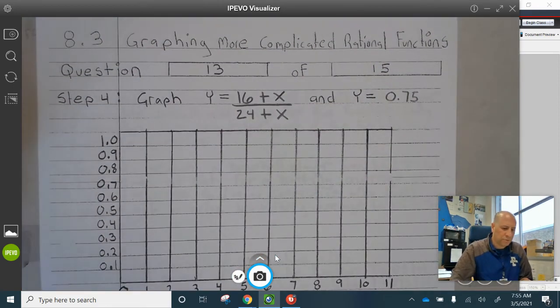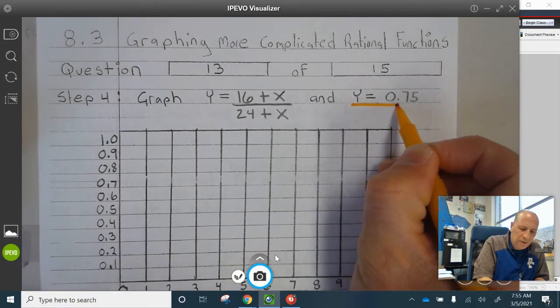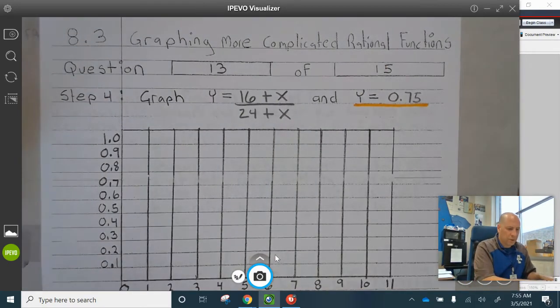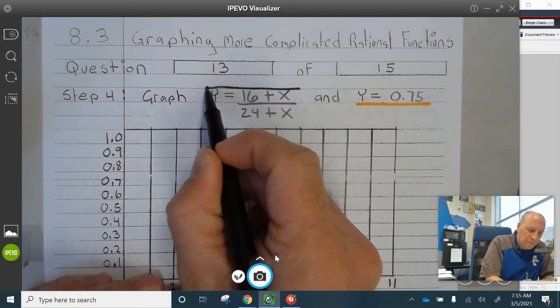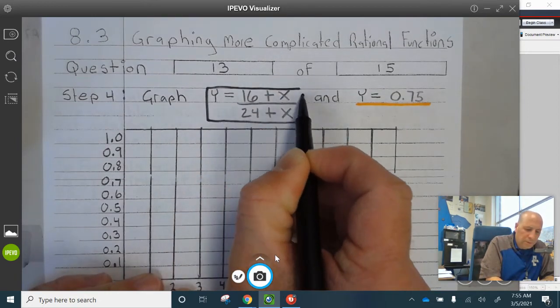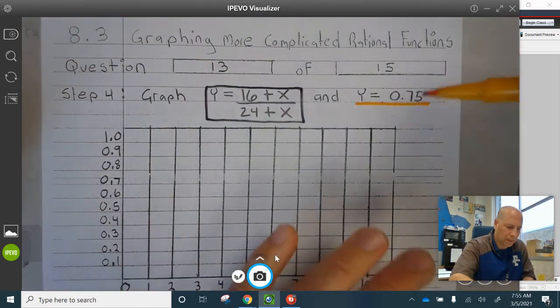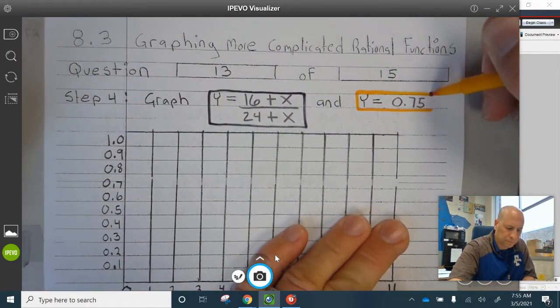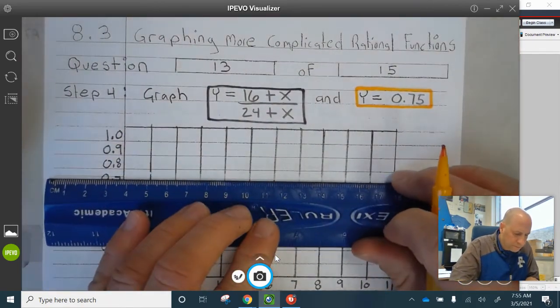Okay, so now let's graph this line in yellow, and we can graph this line in black. Okay, so 0.75, which is right here.